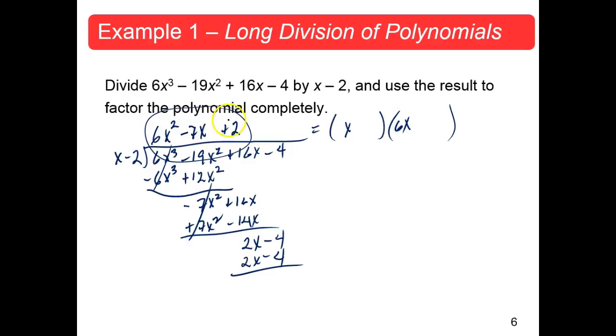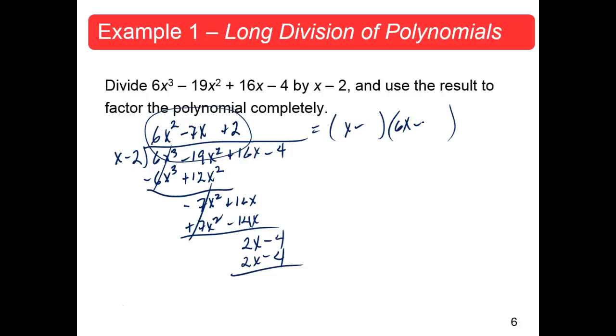Now, where do we look next? Sign of the last term. What is it? Positive. What does that tell you about these two signs? They've got to be the same. What's the sign in the middle? Negatives, that means they both got to be negative.